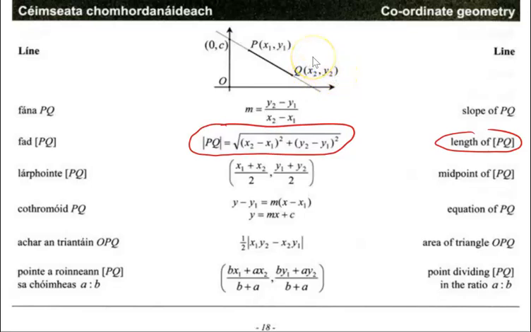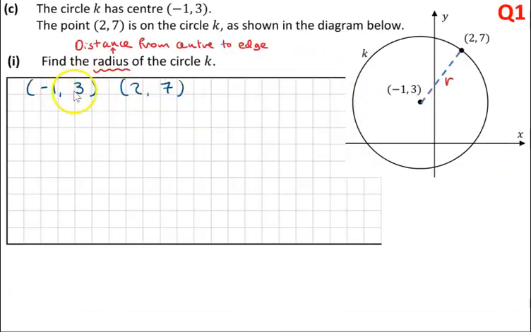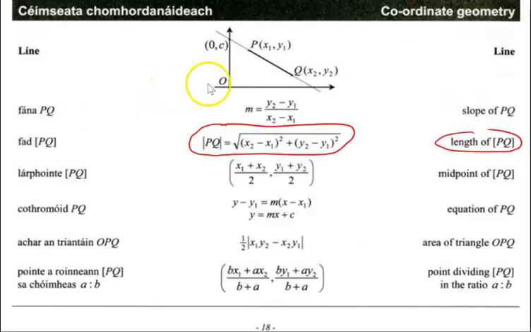So in our points that we are using in our question, minus 1, 3 and 2, 7, this will be the P and this will be the Q. You don't need to write down P and Q, you just need to label x1, y1, x2, y2. So just like we have in the diagram.